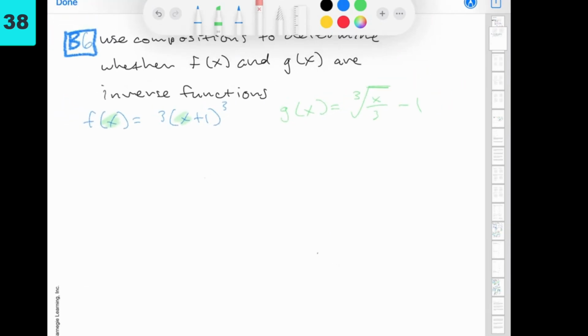Let's go ahead and put the g of x in for every x. Let's go ahead and write out the original problem in blue. And you'll notice I left a gap for the substitutions there. And what are we going to put in there? G of x.